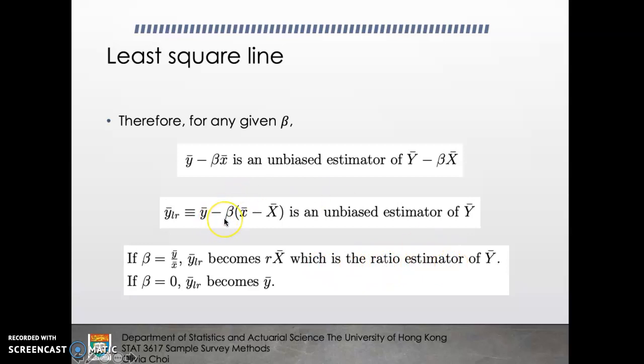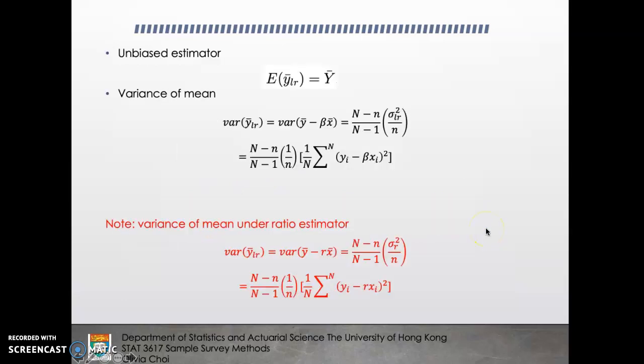When beta, or the slope, equals 0, then the linear regression y bar becomes the ordinary estimator, because we don't have this term. So the sample average y bar would be the unbiased estimator for the population Y bar. We state that the estimator from linear regression is an unbiased estimator for the population mean.